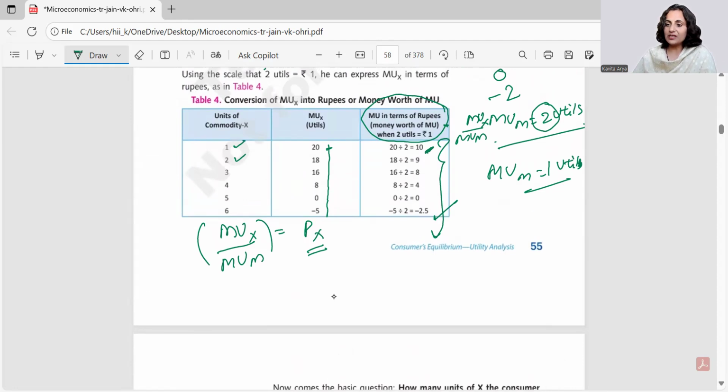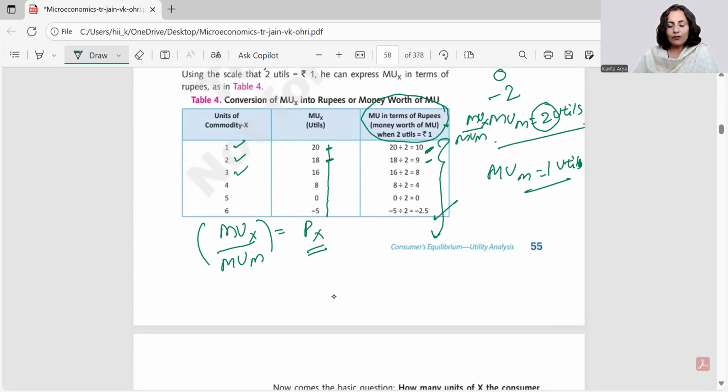Because the law of diminishing marginal utility says that when things are more with us, their value falls. So now the value has fallen to 18, and hence its money worth has gone down to 9. But it is still available at rupees 4. Would you buy? Of course, yes. You are willing to pay 4, and you're getting the worth of rupees 9. So you would go for it.